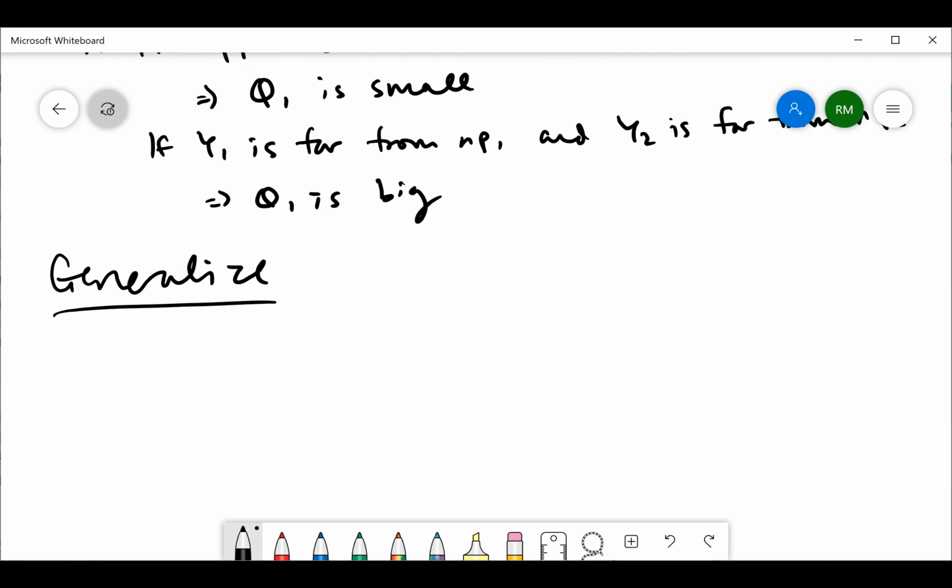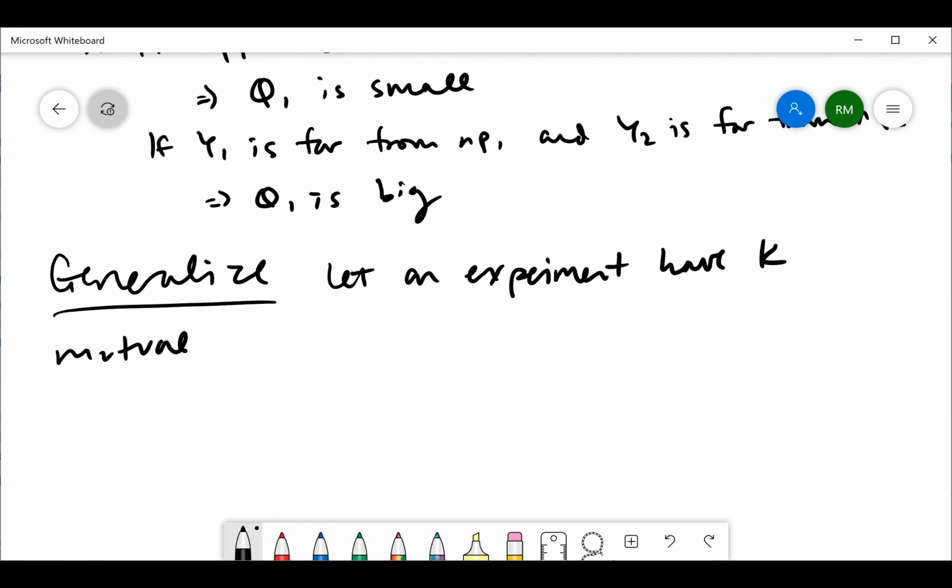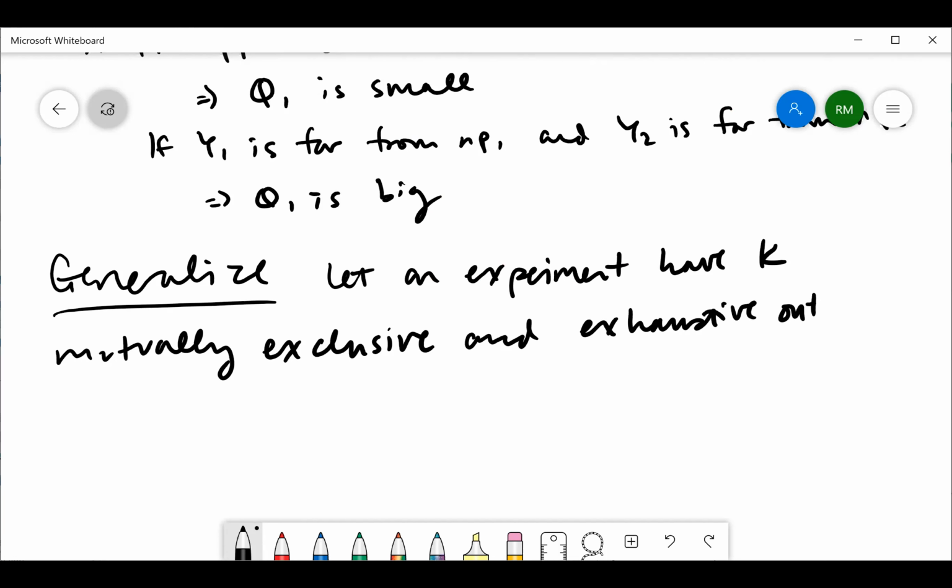We're going to let an experiment have K mutually exclusive and exhaustive outcomes. And we call these outcomes A1 through AK.